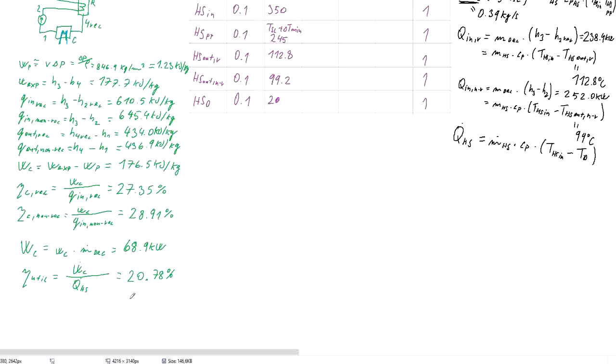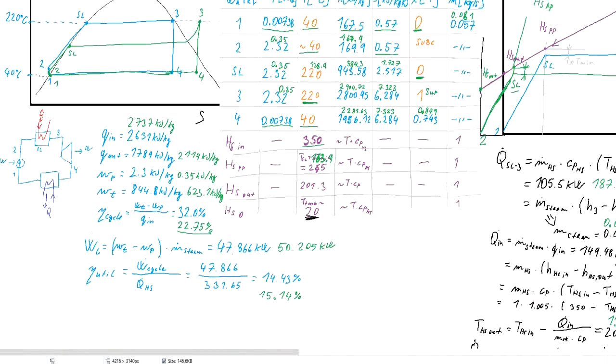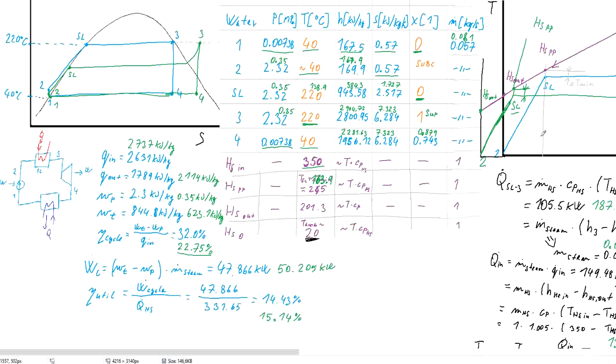So here almost 21%, 69 kilowatts. In the previous problem we had 15% and just 50 kilowatts, or 47 for the blue cycle, for the cycle with the expansion from directly saturated vapor.